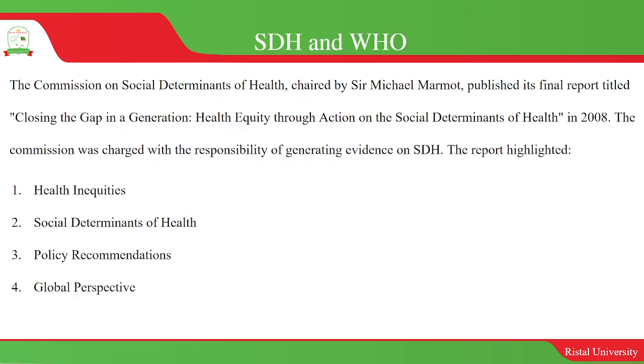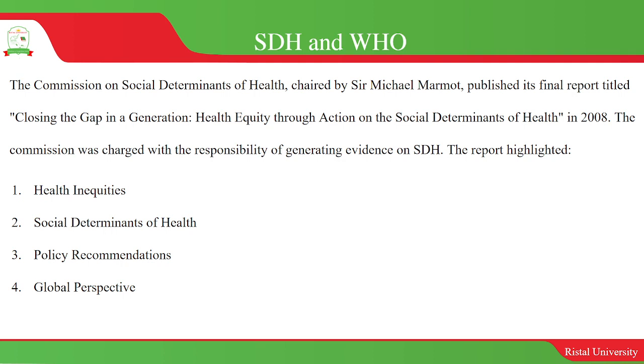Now, the emphasis on social determinants of health came about when a Commission on Social Determinants of Health was set up by WHO. And this commission was headed by Sir Michael Marmot. This commission published a report in the year 2008.